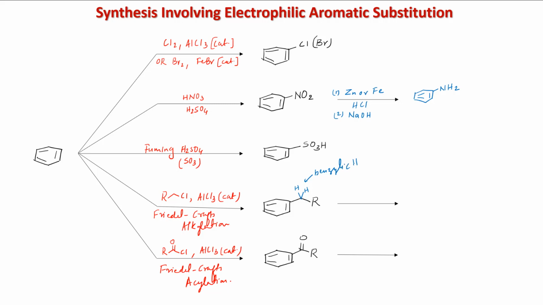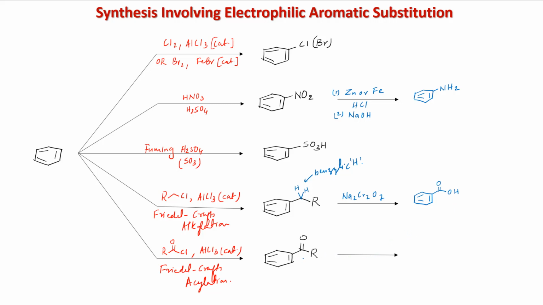Now this compound here has two benzylic hydrogens, but as long as you have at least one benzylic hydrogen, these alkyl benzenes can be oxidized using a strong oxidizing agent like sodium dichromate, for example, to give benzoic acid. So irrespective of what the starting alkyl benzene is, it is converted into benzoic acid.